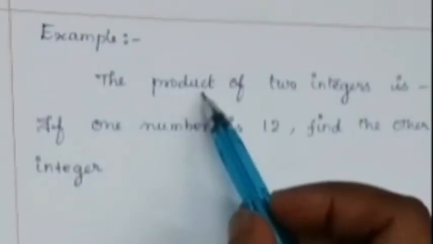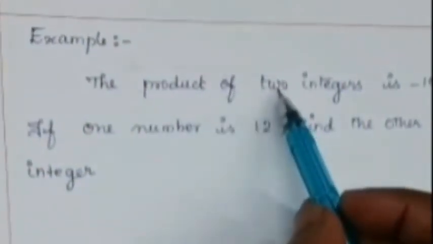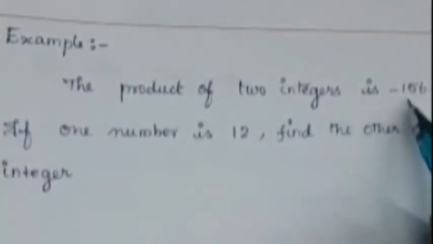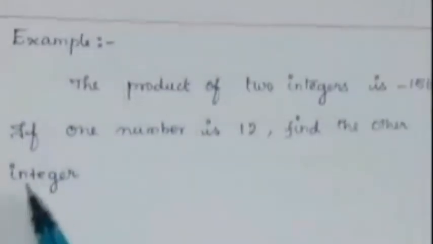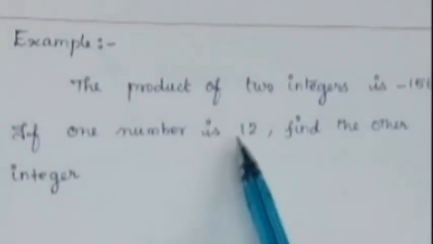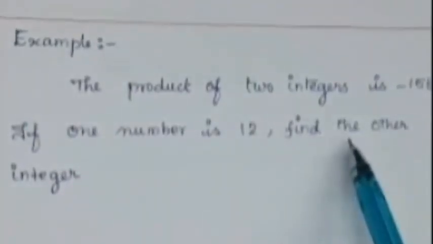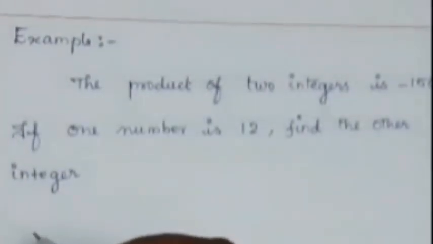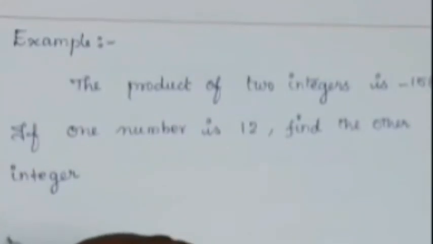The product of two integers is minus 156. If one number is 12, find the other integer. To find the other number, we are going to take two numbers at random.